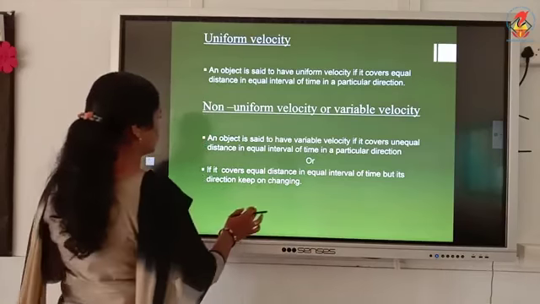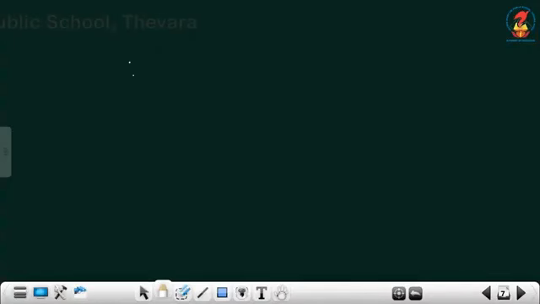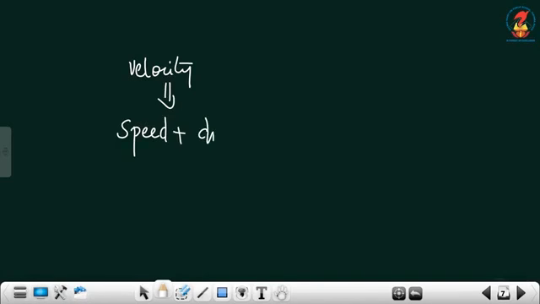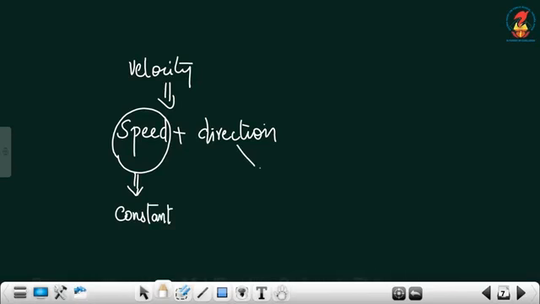So three methods are there to change the velocity. Velocity means, we can write it like this: speed plus direction. So in the first method we will keep this one constant, and we will change this one.